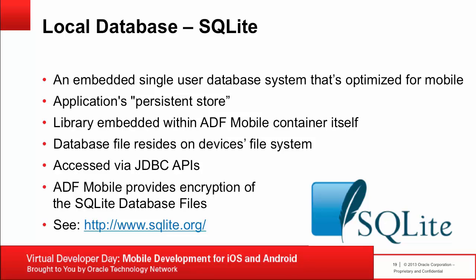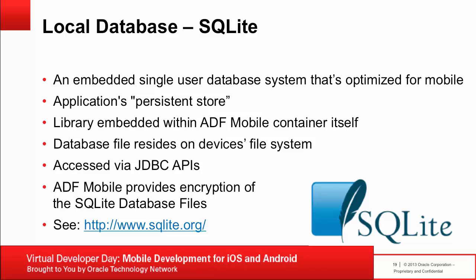The library to create and access the SQLite database is embedded in the ADF Mobile framework itself, whereas the database file resides on the device's file system. The SQLite database is accessed through the familiar JDBC APIs. Now, to support data encryption, ADF Mobile also provides and embeds a SQLite encryption extension within the framework.